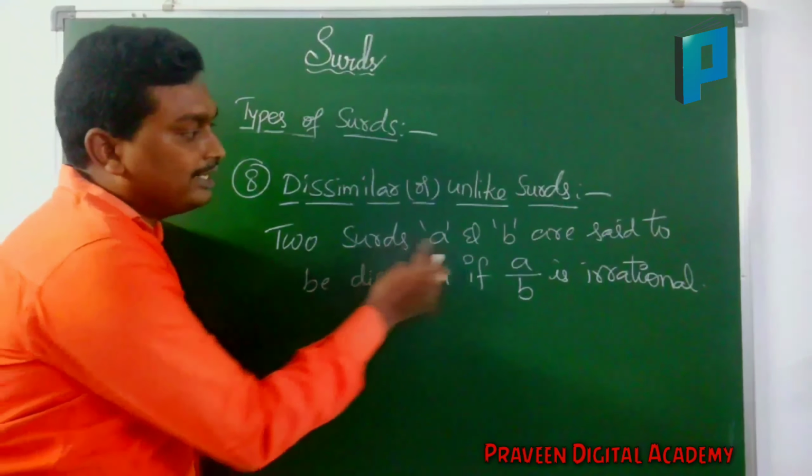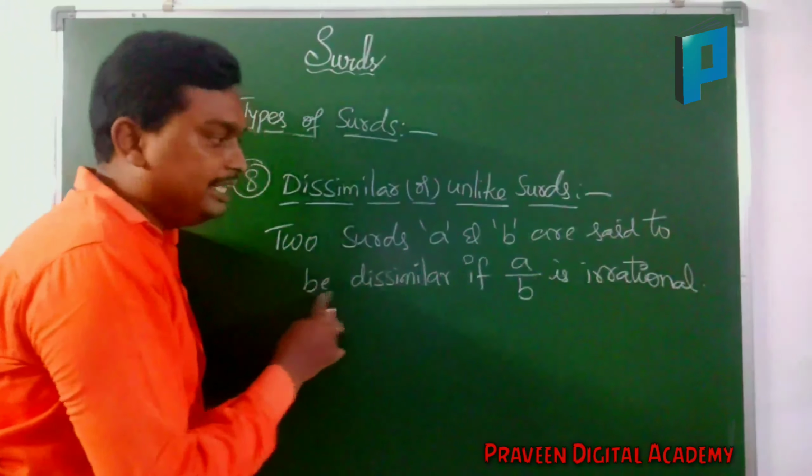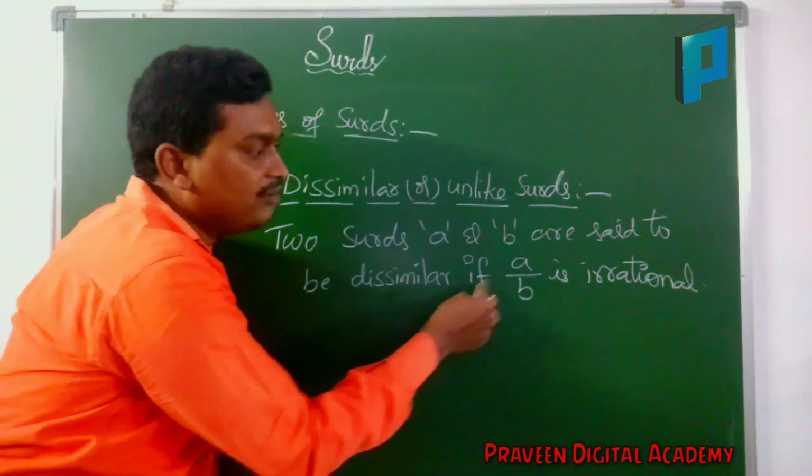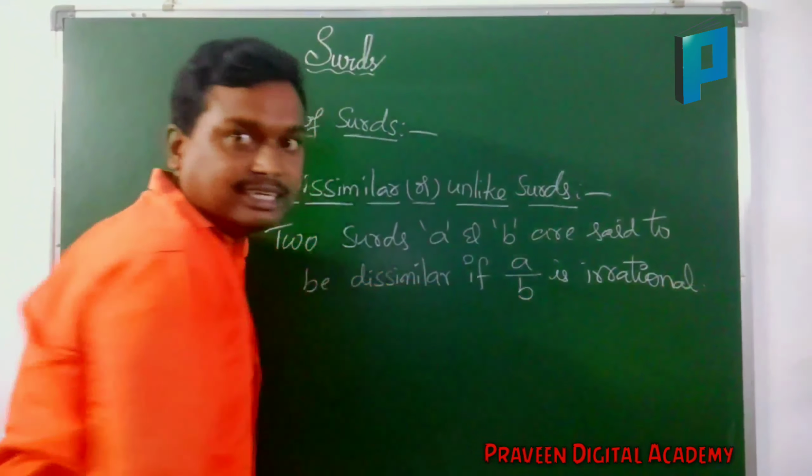Here, two surds A and B are said to be dissimilar or unlike if A by B is irrational.